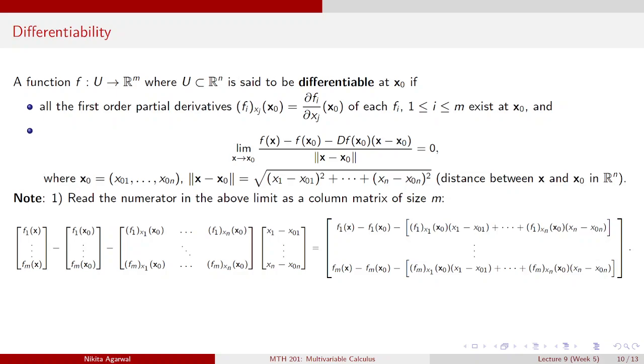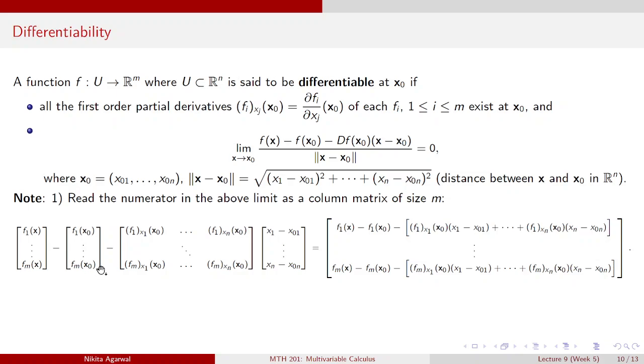Now, let us spend a little bit more time on this. Suppose you focus on the numerator. Now, the numerator, you should read it like this. f(x) is equal to f1(x), f2(x), up to fm(x). Write it as a column. Similarly, f(x naught) is f1(x naught), and so on up till fm(x naught). Think of it as a column vector.